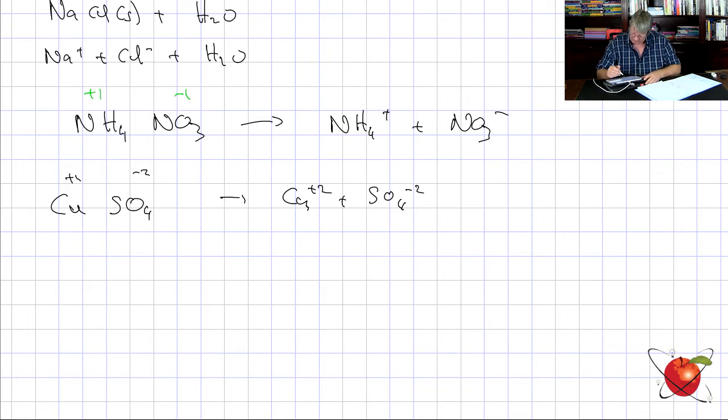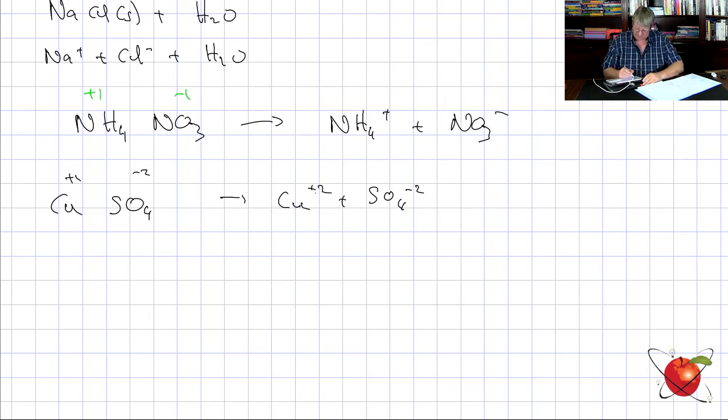People do complain that my copper and my calcium look the same. So let me try. Doesn't help, does it? Copper and copper. Okay, that still looks like calcium. Okay, let's go and do it. Cu, +2. Okay, that's gone into the water.